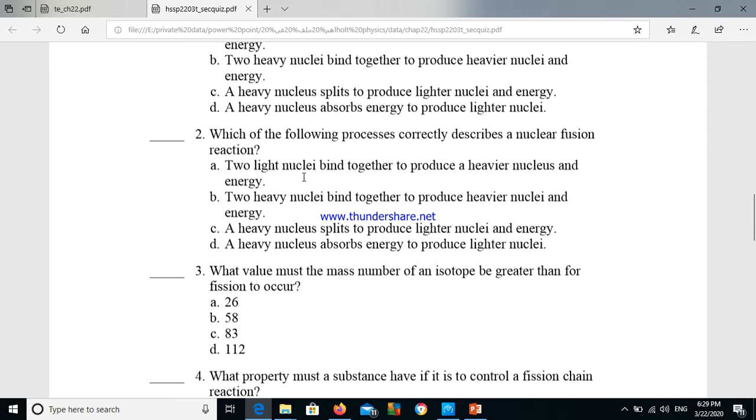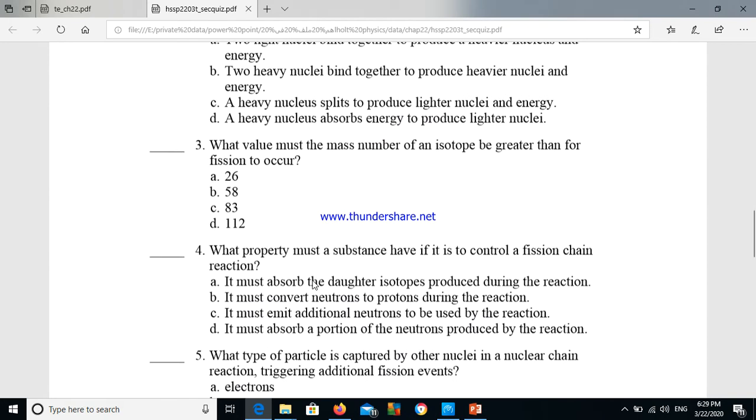This is the answer for 2, answer A. Question 3. What value must the mass number of an isotope be greater than for fission to occur? 58 until 60. The answer is 58. Question 3, the answer B.